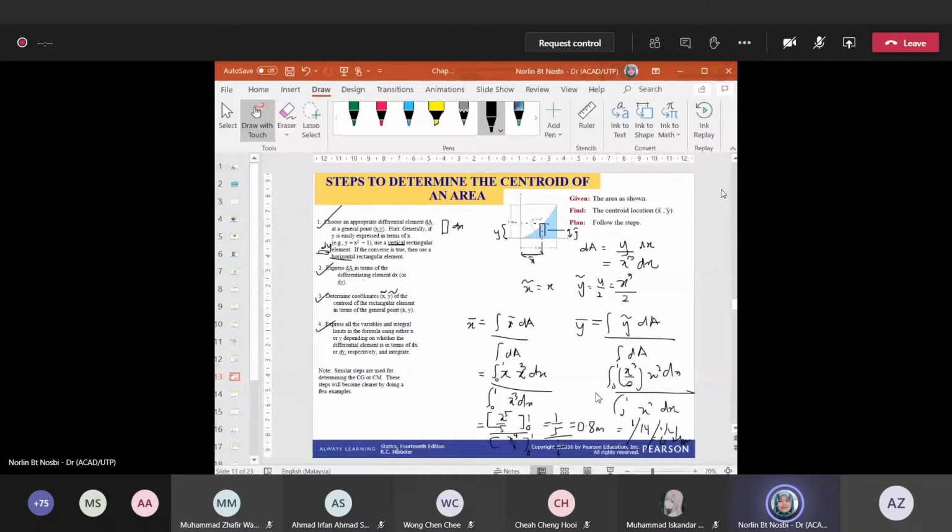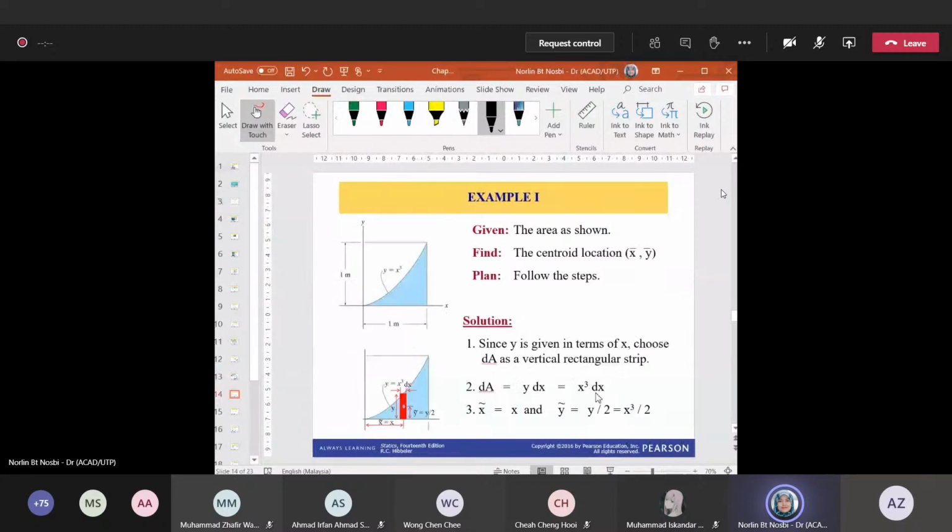So until now, is it clear? Okay, I've shared the step-by-step for how to solve this. You can see the x tilde and y tilde is the centroid of the rectangle.